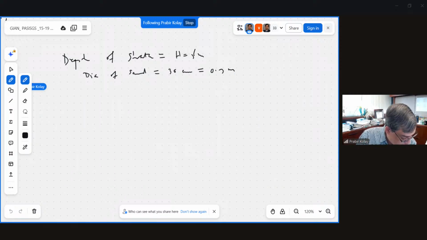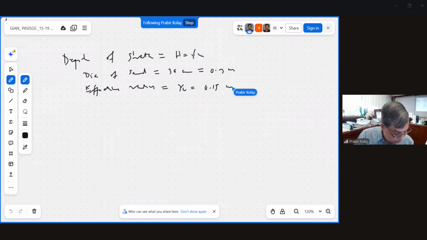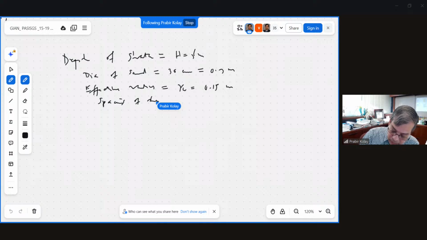And then the effective radius is given, that is rw is 0.15 meter in this case. Spacing of the well is given as 3 meter.